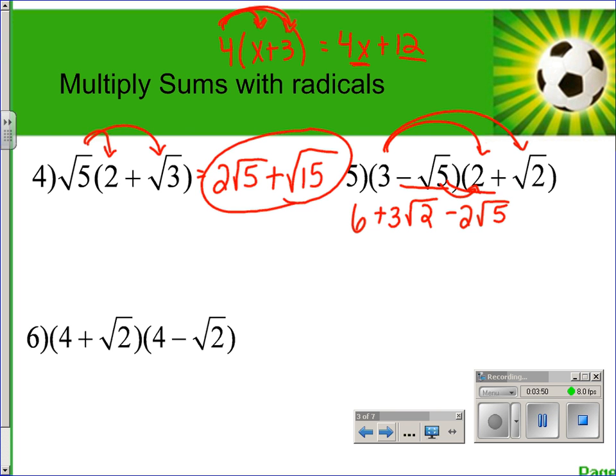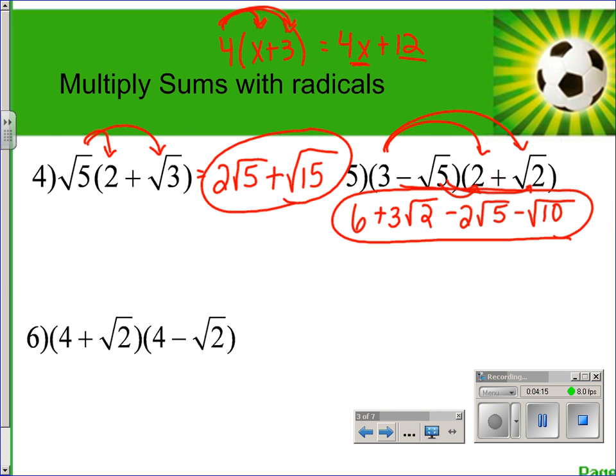And then a negative square root of 5 times the square root of 2. They're both inside, so multiply it. Now remember yesterday, we can only add or subtract radicals that are the same. So can 2, 5, or 10 be simplified? No, and they're all different, so you cannot combine anything. That is your answer.